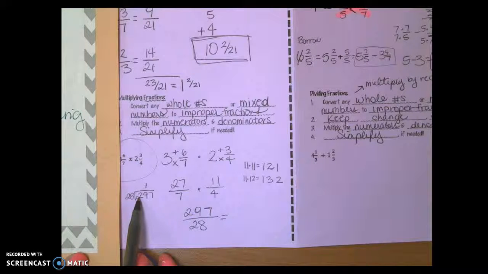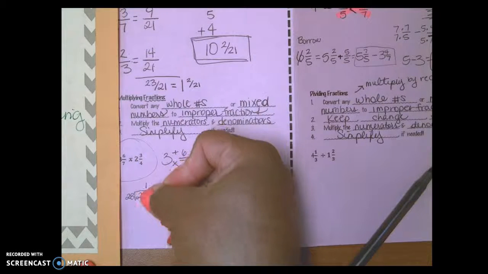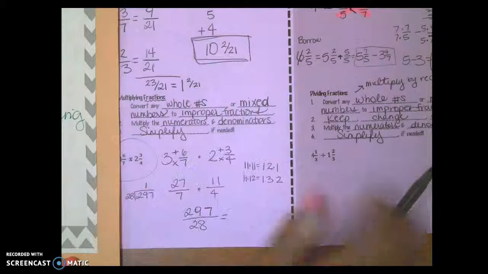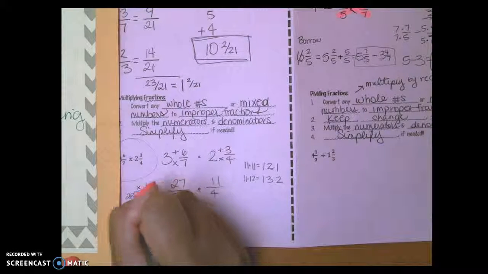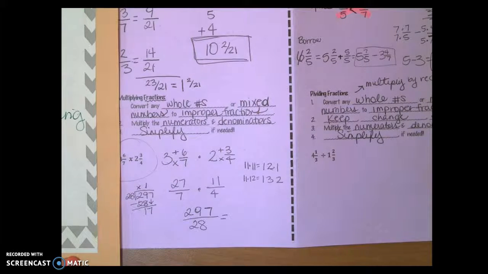Can I write a number on top of this 2? You have to put a 0. I have to keep in mind that if I'm dividing, this is like saying 28 will go into 2, and that is not true. Put an X here. 1 times 28 is 28. Bring down the 7, so 17. Does 28 go into 17?